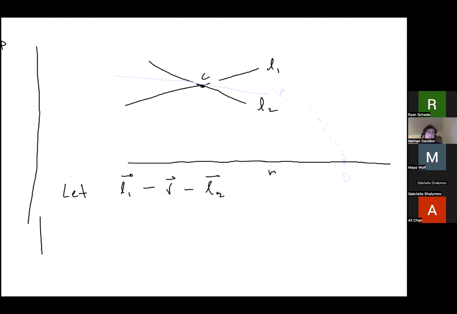Assume that R intersects M at a point D, for contradiction.